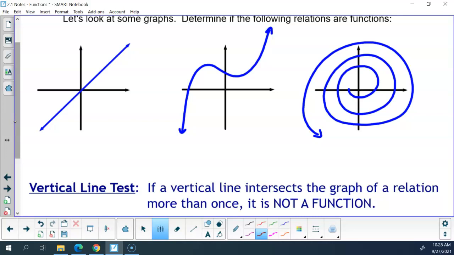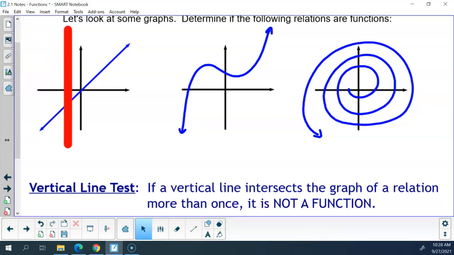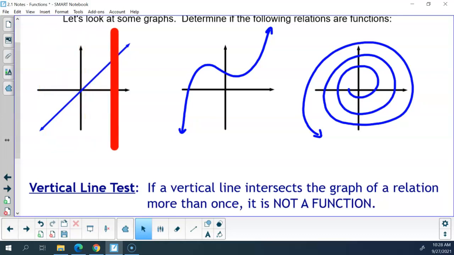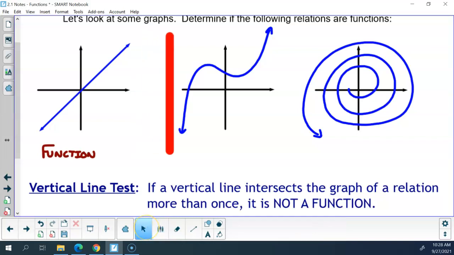Okay. So there's my vertical line. I need to basically just slide it across. It only ever touches in one spot. So yes, by all means, this is a function. Then we go to the next one.